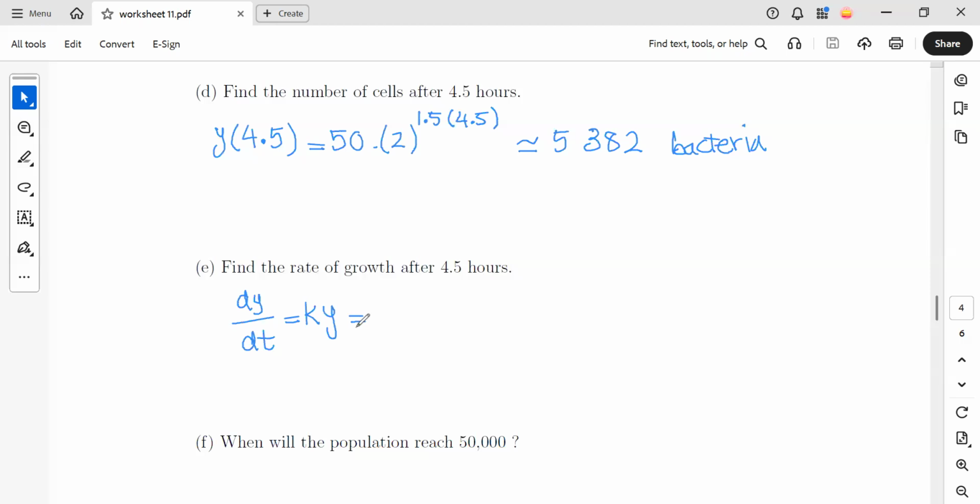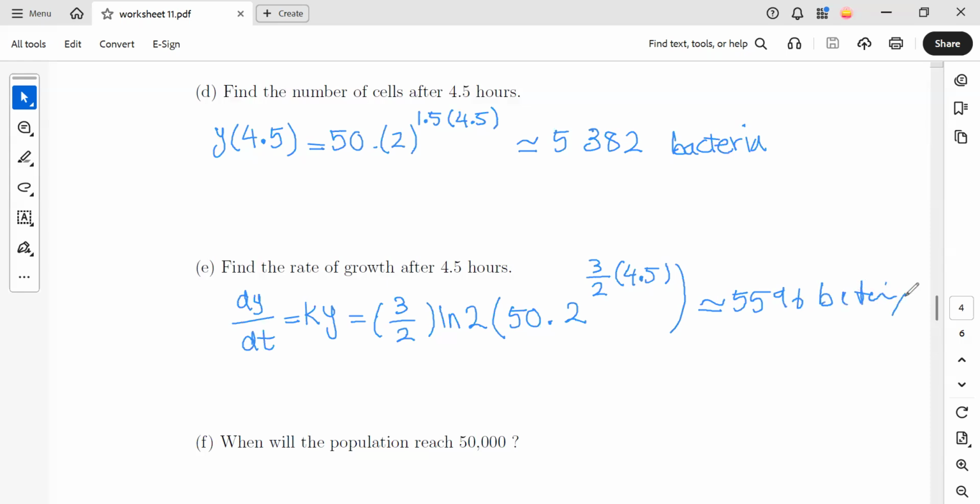Using the information that we have, we would say that it is equal to 3 over 2 ln of 2, a copy of the formula, which means 50 times 2 to the power 3 over 2 times 4.5, and we would use a calculator, and we would end up with 5596 bacteria per hour.